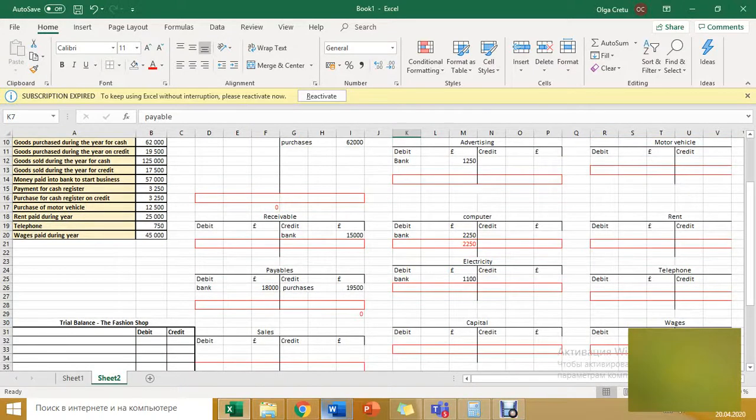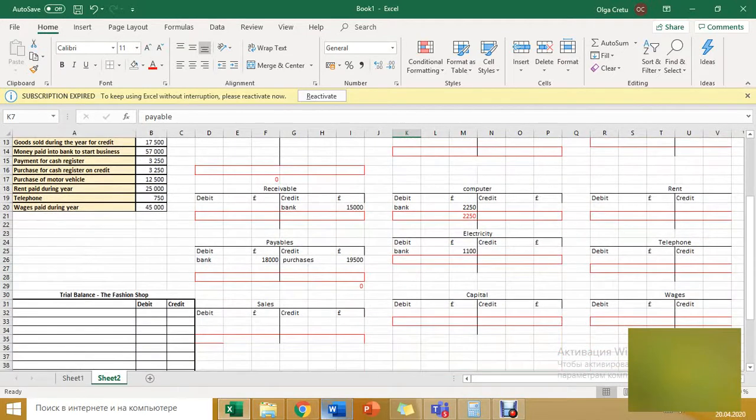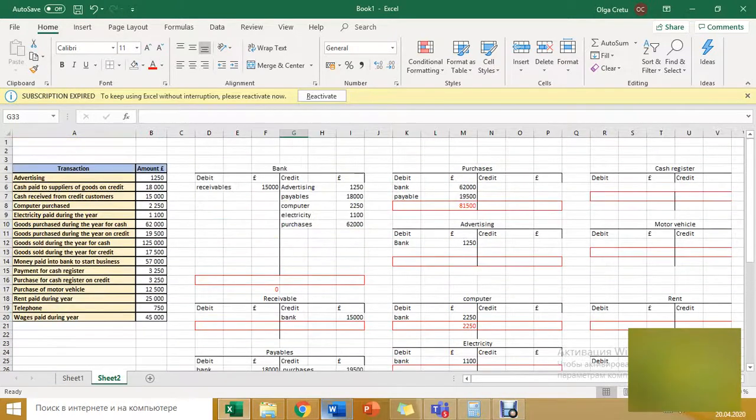And then we said next that we sold goods during the year for cash. So we have the sales account. We sold for cash, which means that we have a revenue, right? Sales are normally revenues, right? So money went in here, sales, and we sold for cash for 125,000.